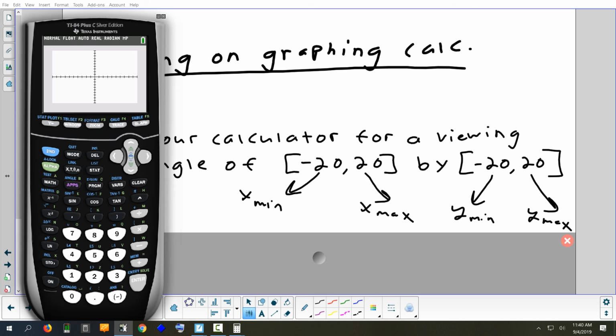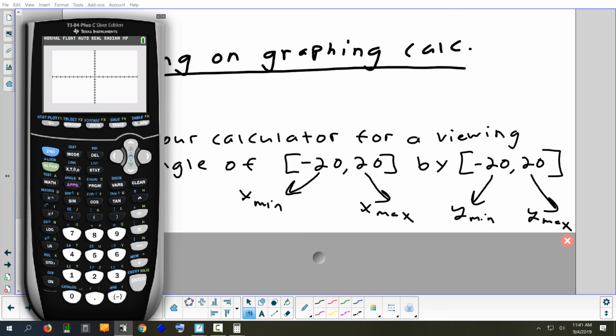It should look just like that. Is there any ones that doesn't look like that? Yeah, so you want to press the up arrow to highlight plot 1 and then hit enter. And that'll turn that off. Okay, does everybody's look like that?